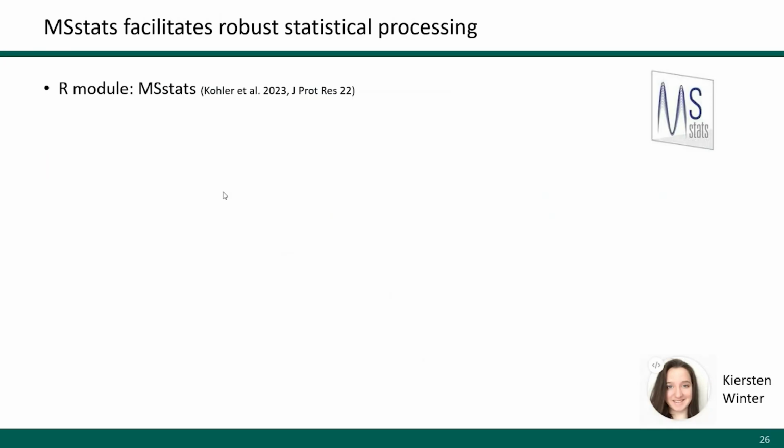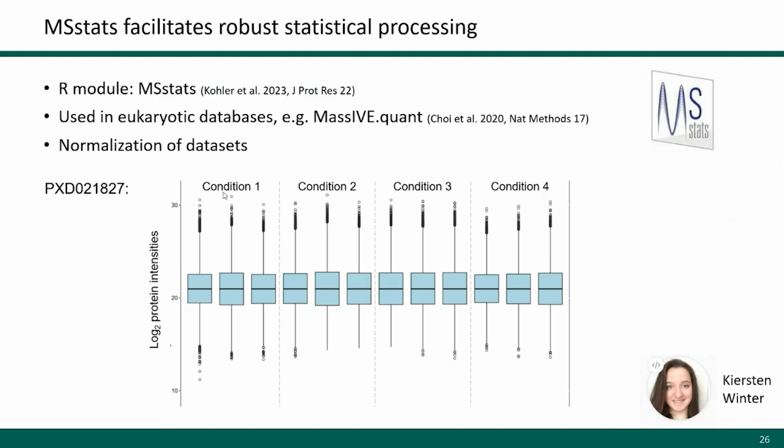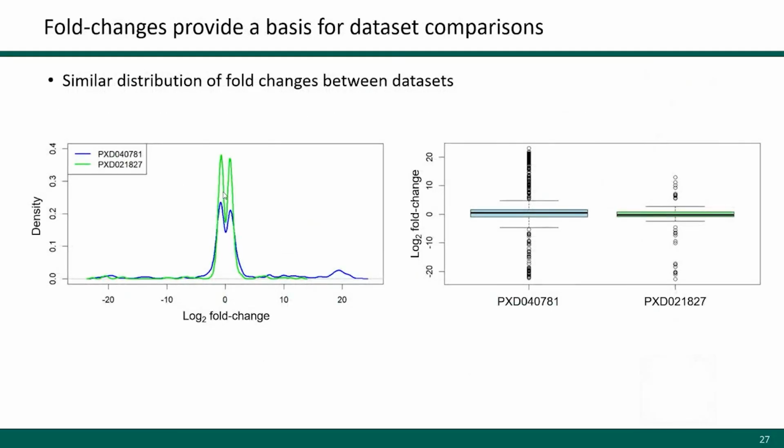A statistician, Kirsten, was working on this project using MSstats to basically normalize the data sets in a way that is consistent between the different data sets. MSstats can be used for labeled and non-labeled samples. And as a kind of quality control, we wanted to see, for proteins that show statistically significant log fold changes, whether they are in a similar range.